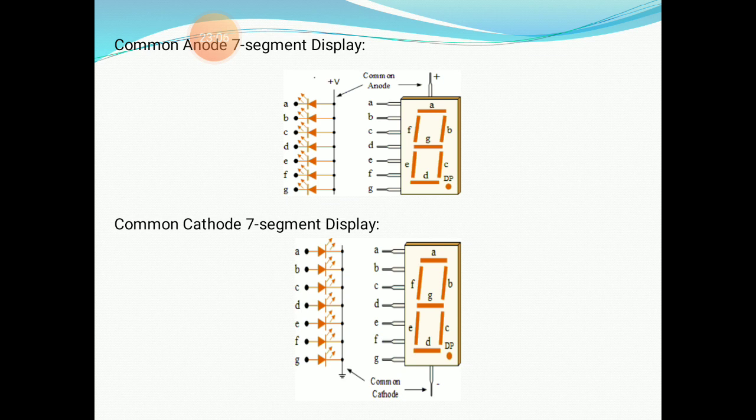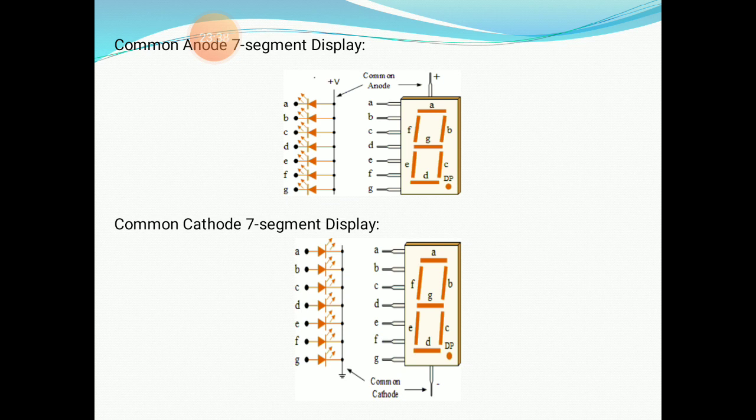In the case of the common cathode 7 segment display, all cathode terminals are connected together and connected to ground, and the anode terminals are represented with segment names A to G. To display a particular segment, logic 1 is applied to the anode terminal, A to G. The corresponding LED will be forward biased and illuminate.